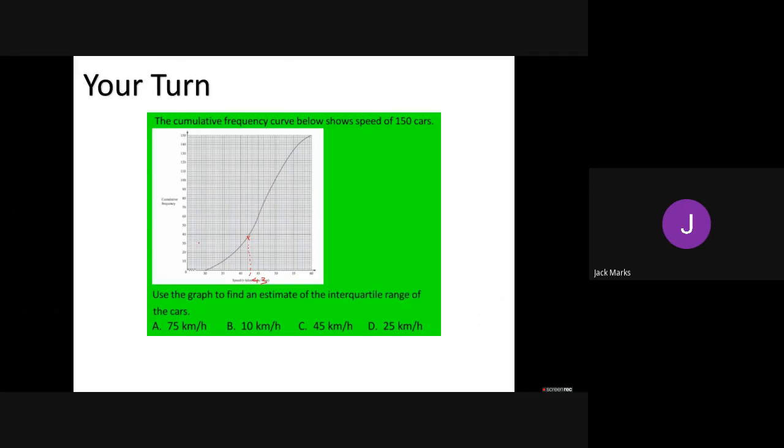If we add this on to 75, so what did we say? 37.5 plus 75, we will get our value up around here. We'll be able to mark it down, and you would be able to use this to find your interquartile range, which should be approximately 10.